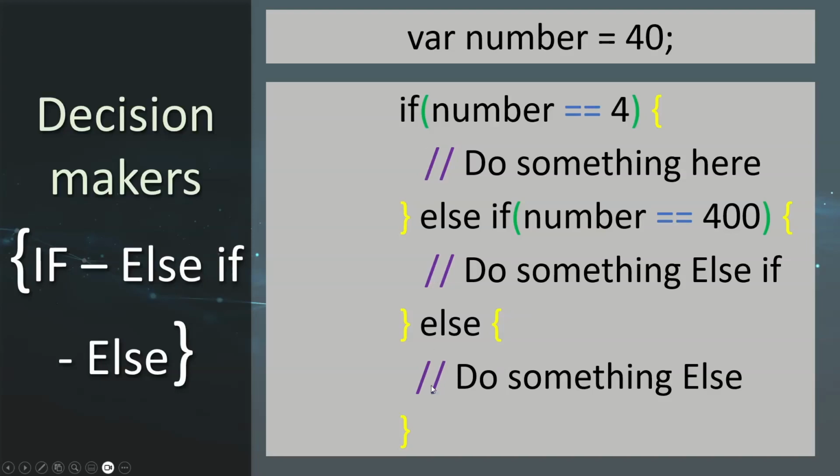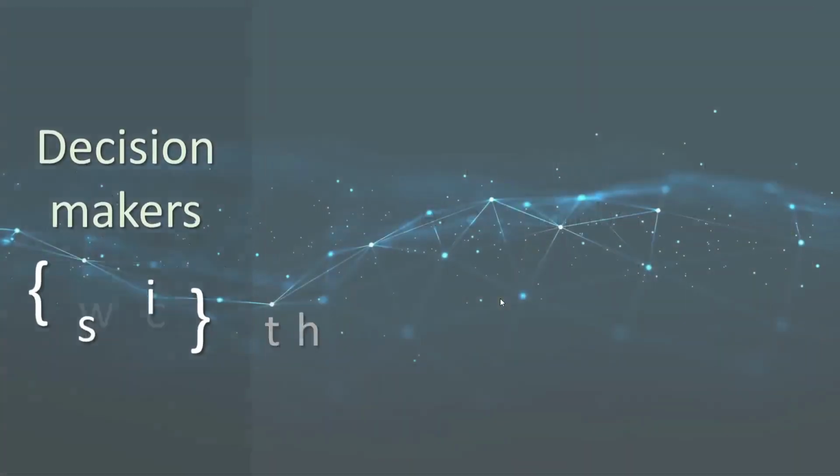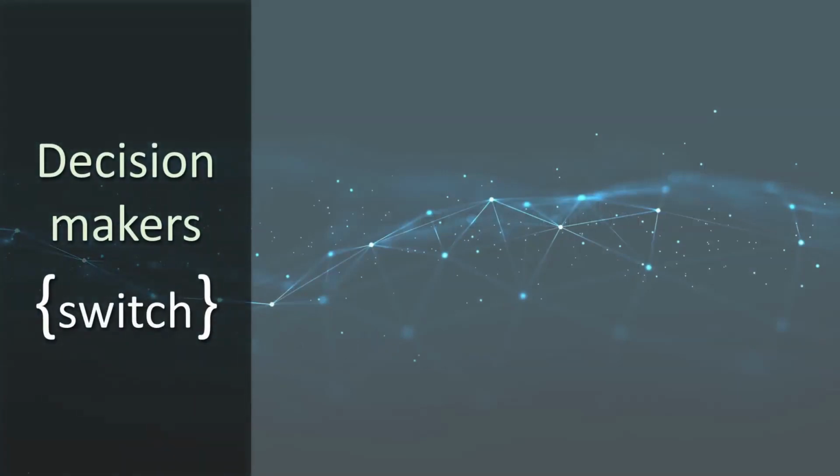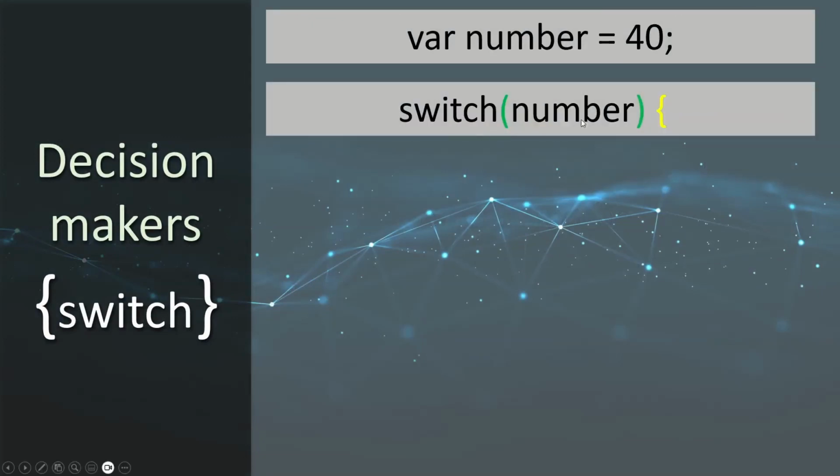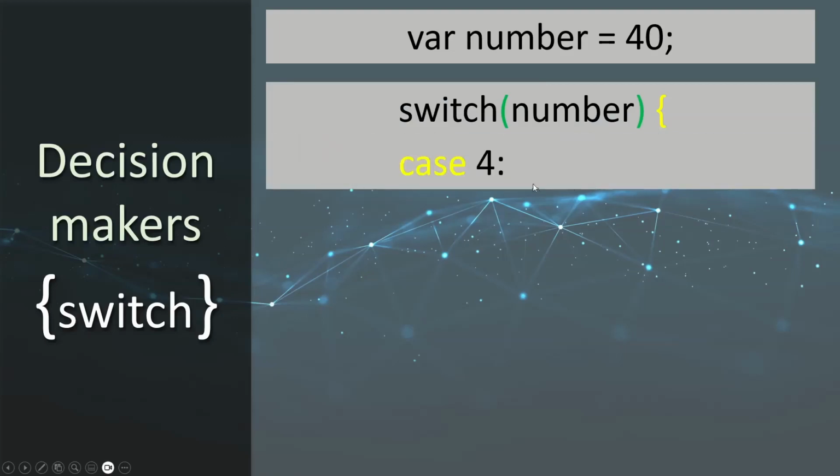Because writing such code is a bit untidy, we have the switch operator. Switch is exactly the same idea as else if, but we use what we call case. For example, variable number equal 40, I create the switch, I give it the number 40, and inside the curly braces I have cases. Case is exactly like if.